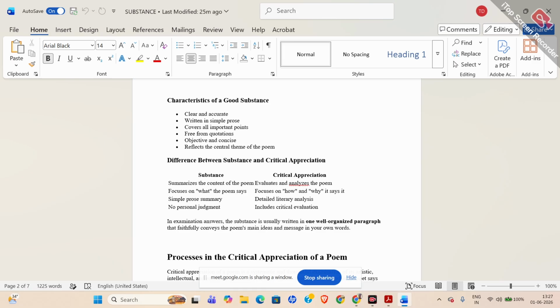Subject matter যদি তুমি না বোঝো এবং সেটাকে যদি clearly accurate ভাবে লিখতে না পারো, if there are grammatical mistakes, মানে syntactical mistakes, sentence construction এ ভুল, spelling mistakes, এগুলো ঠিক নয়। So accurate way তে তোমাকে বোঝাতে হবে জিনিসটা। Written in simple prose.